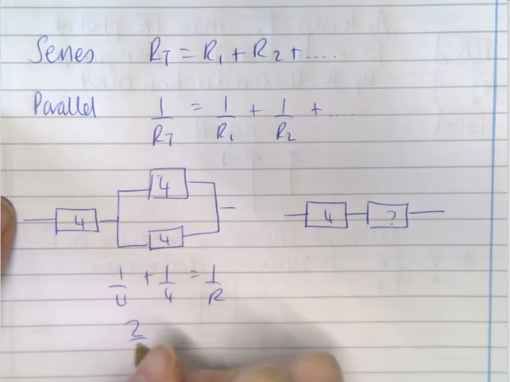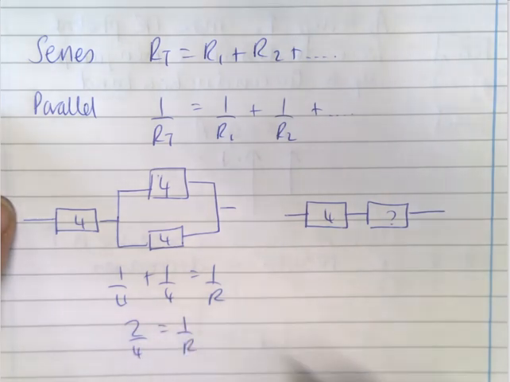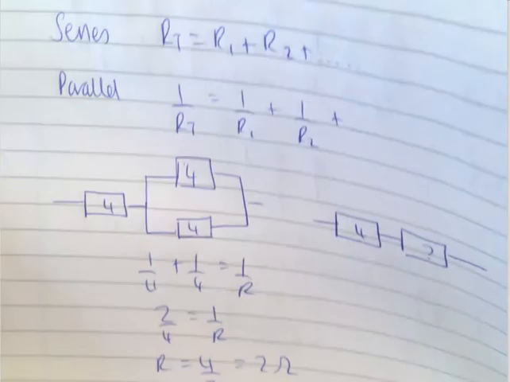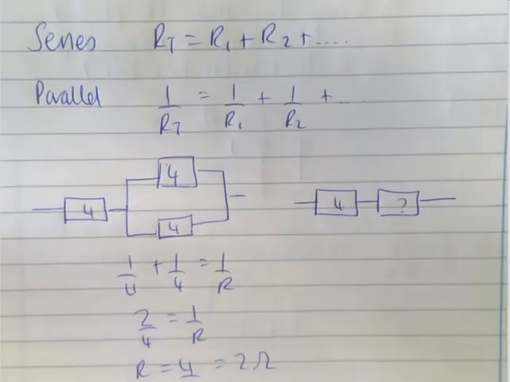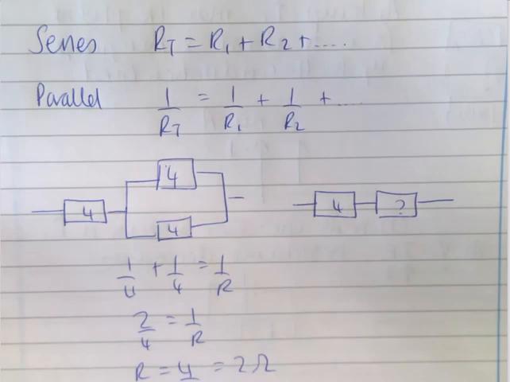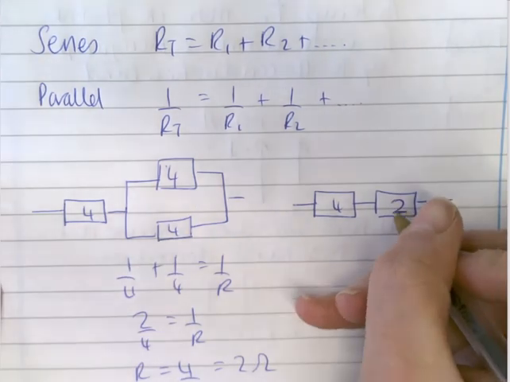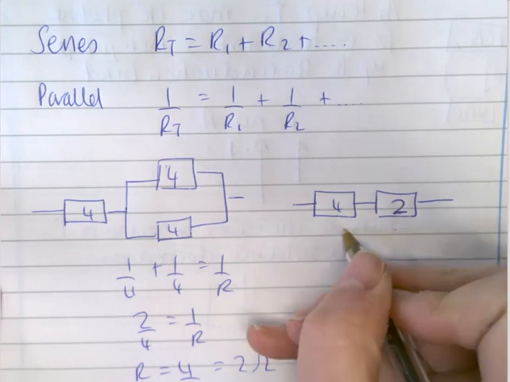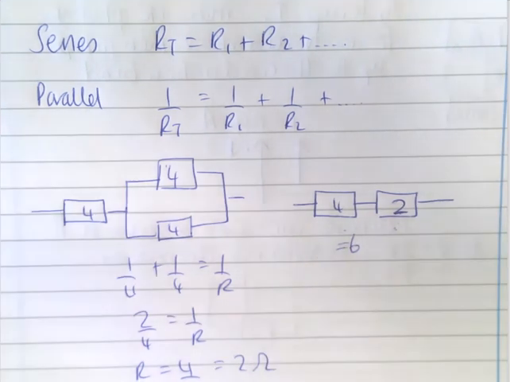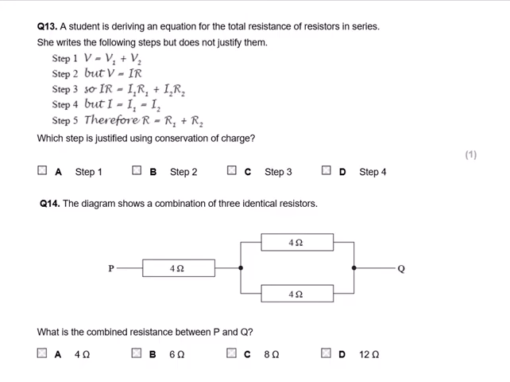That comes out as 2 over 4 equals 1 over total resistance, or that R equals 4 over 2 equals 2 ohms. But I can also just know that if I put 2 resistors that are identical in parallel, then I halve the resistance. And then these are in series, so I add them up. 4 plus 2 equals 6. So the answer here is B.